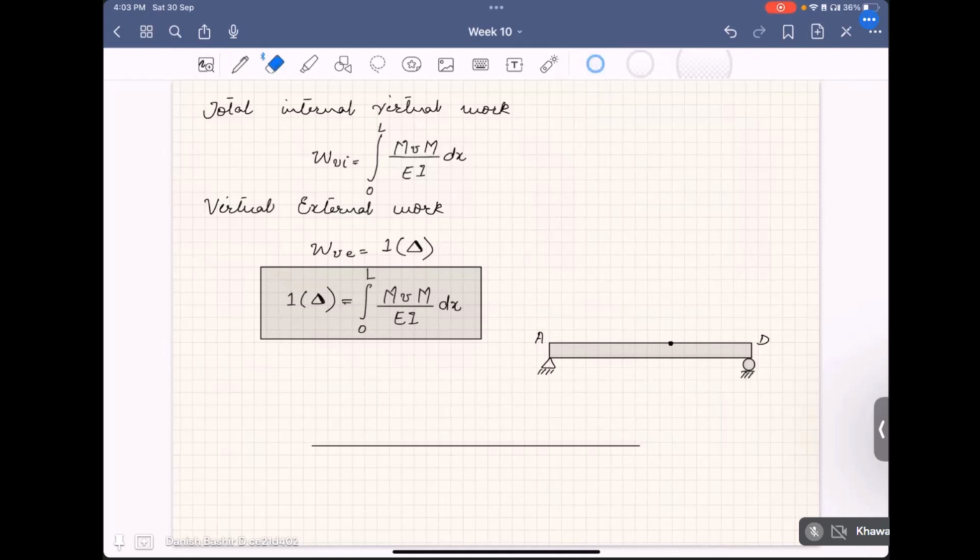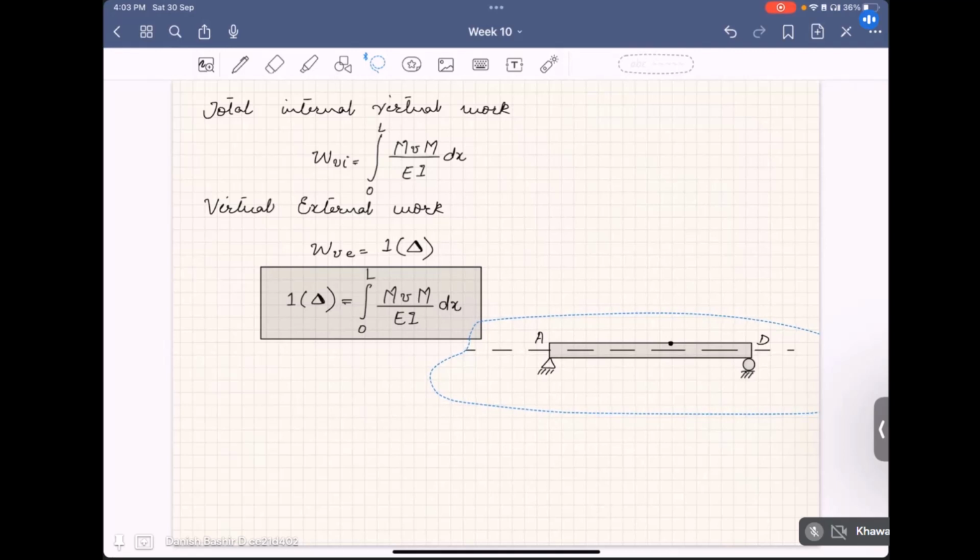This will be its neutral axis. At point C we have to find the slope, and its whole length is L, the same beam with length L.